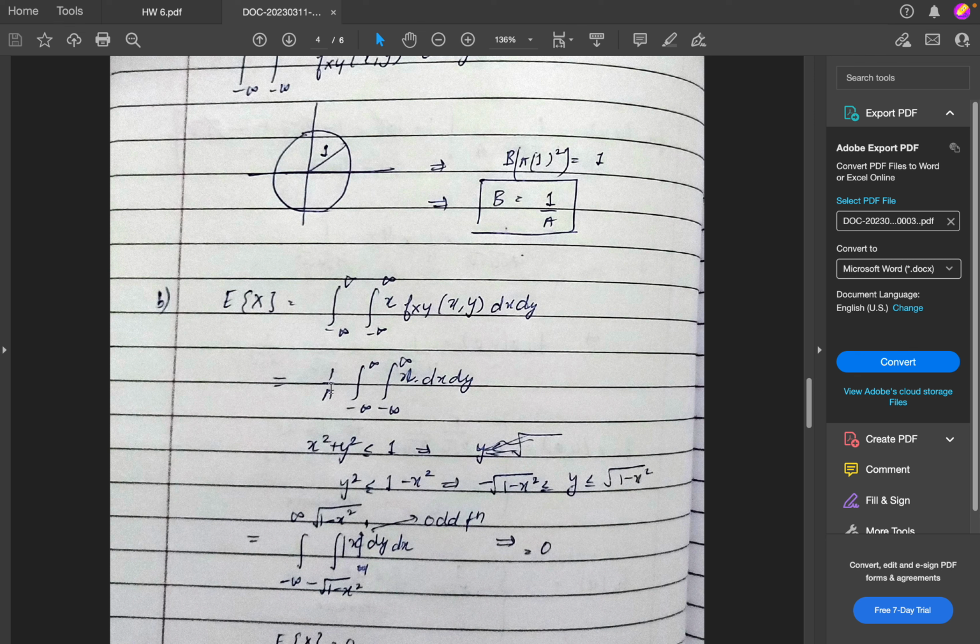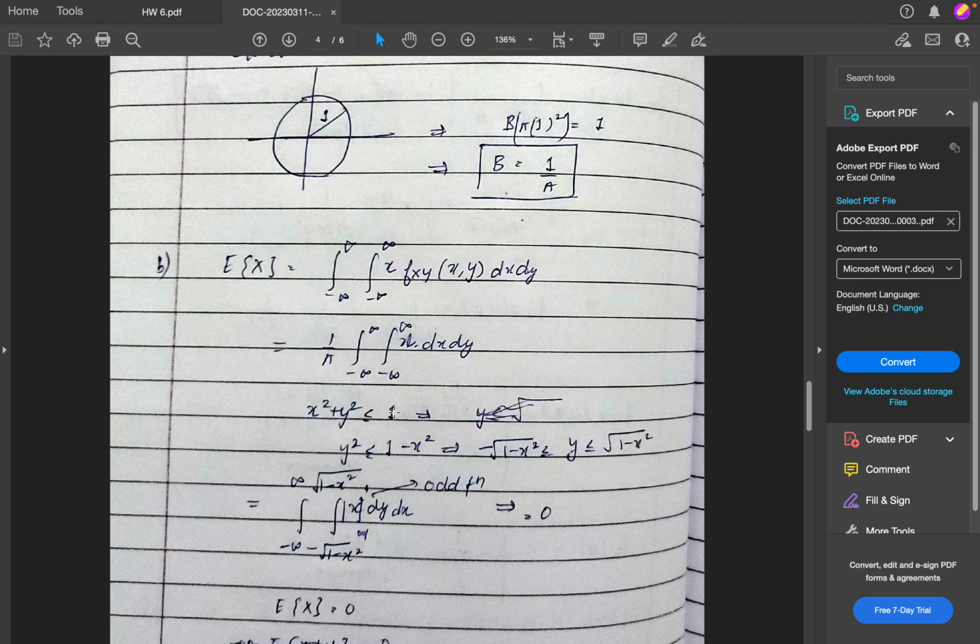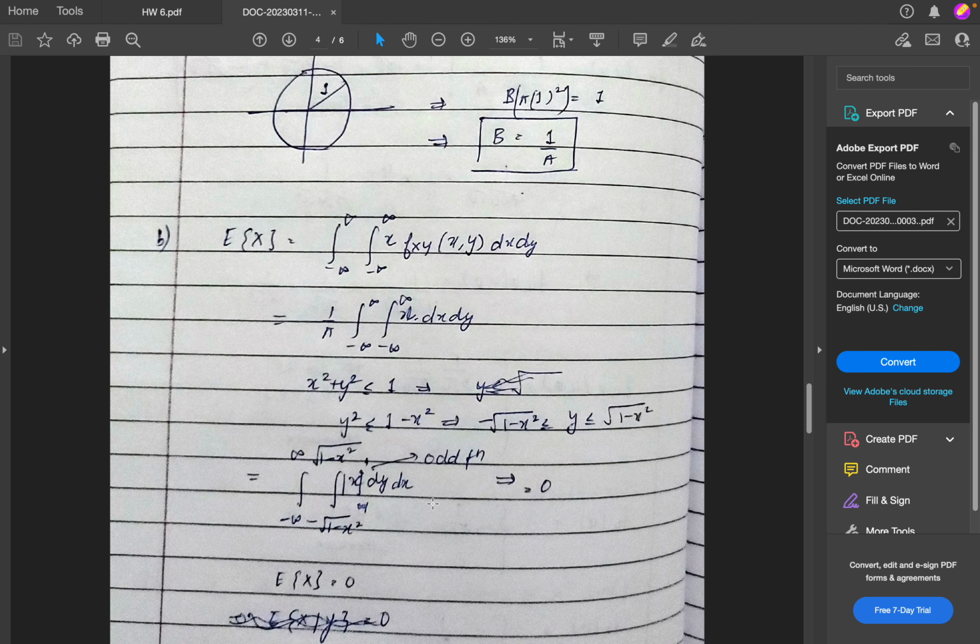So this will be 1 by pi integral of x dx dy, where x and y range from minus infinity to infinity. Now we know that x square plus y square is less than or equal to 1, so y square is less than or equal to 1 minus x square. So y will range from minus under root of 1 minus x square to under root of 1 minus x square.